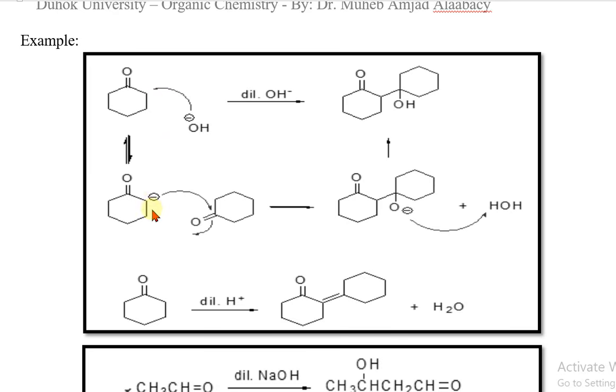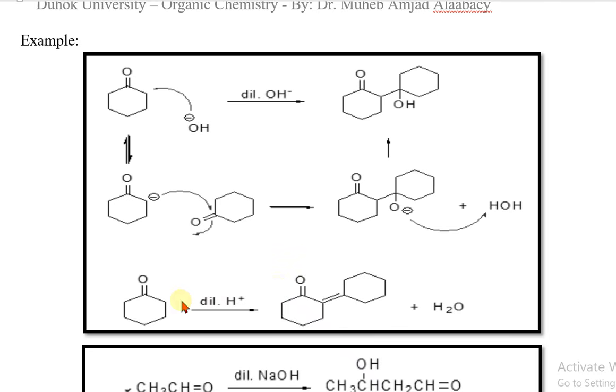This carbanion is stabilized by resonance, and then the carbanion will be added across the carbonyl group to give you this intermediate product, and the oxygen minus takes a proton from the solvent to give you the OH. Finally, the OH with the hydrogen will be removed, minus H2O, to give you this molecule.